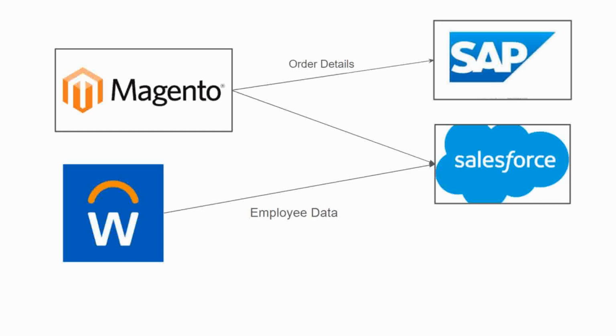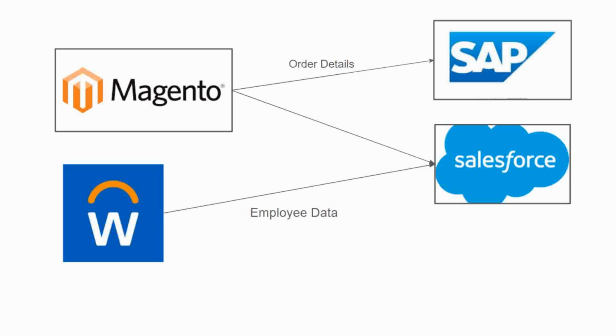particular recipe itself. Suppose there's a link between the systems, then definitely you have to take care of them in the same recipe. Or else, say for example, you have to transfer the data from Magento only to SAP.